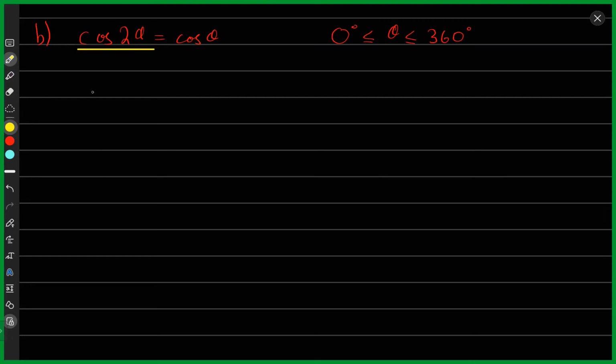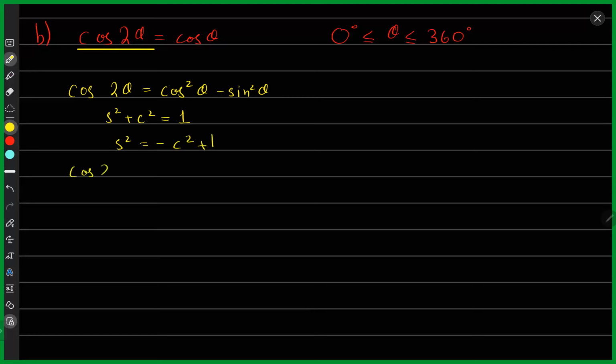I know that cos 2 theta was basically equal to cos squared theta minus sine squared theta. And I know that sine square plus cos square was equal to 1. So sine square would be equal to minus cos square plus 1.